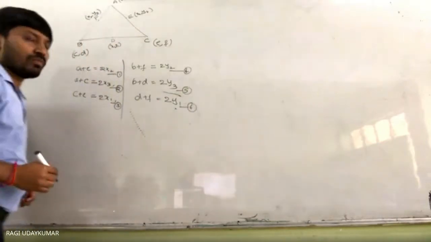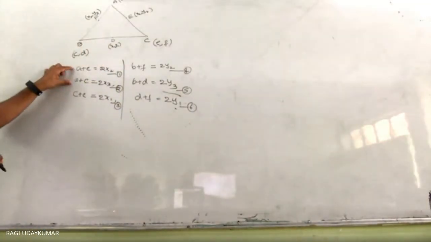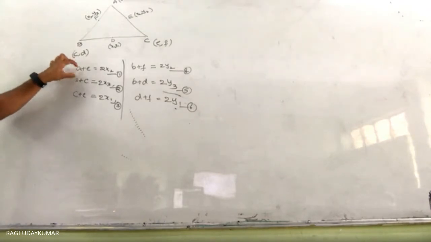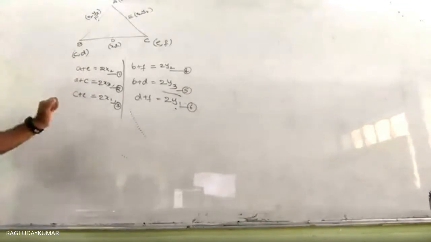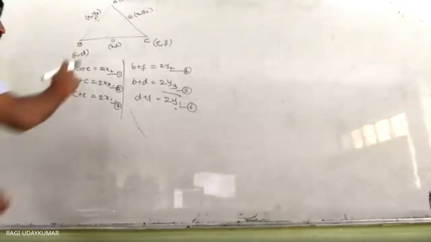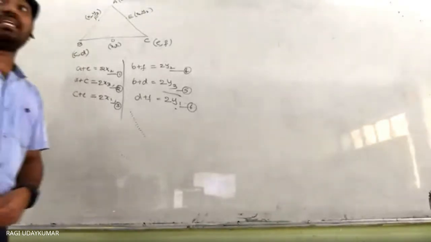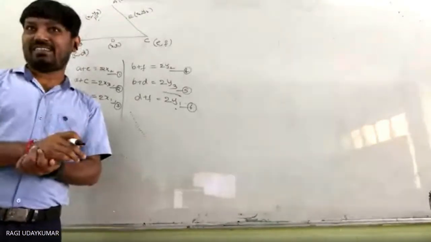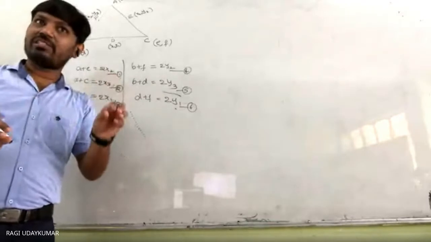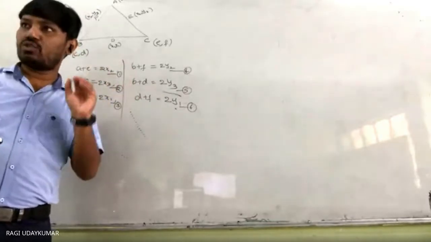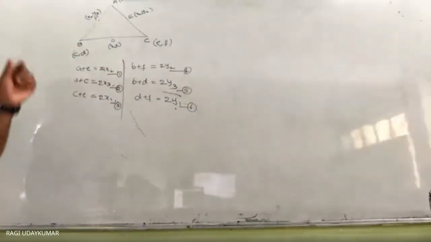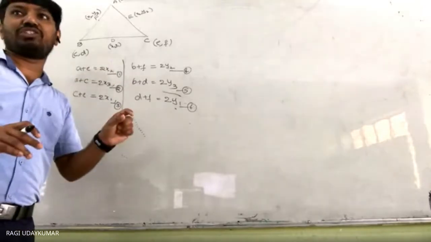From these two equations I am eliminating A by subtracting, so we are going to get an equation in terms of C and E. Actually, three equations have three different variables. This is a linear equation in three variables, and when the situation is like this, we need to eliminate one variable from two equations.